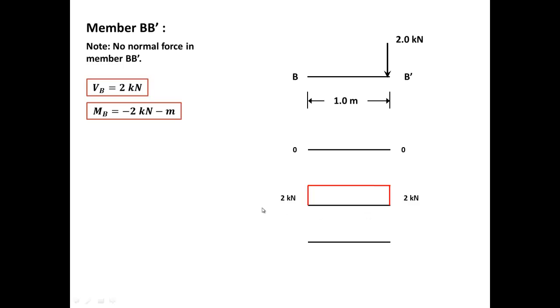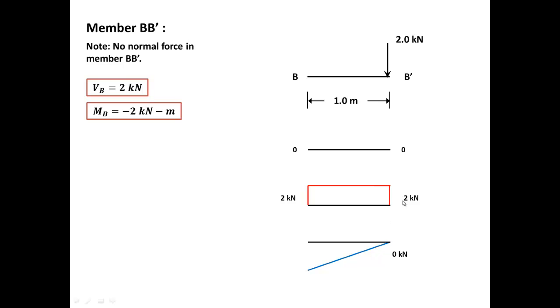Okay, for the moment, we start with a 0, the tip. It's a straight line, it's not curved anymore. Why? Because the shear diagram is a straight line that's not changing in value. It starts with a 2 and ends with a 2.